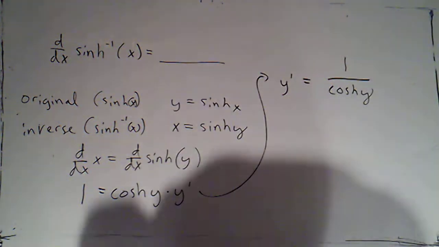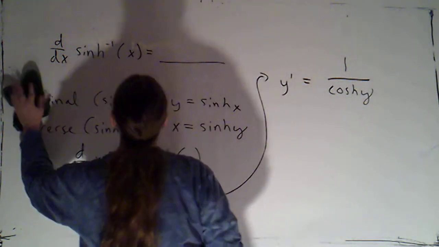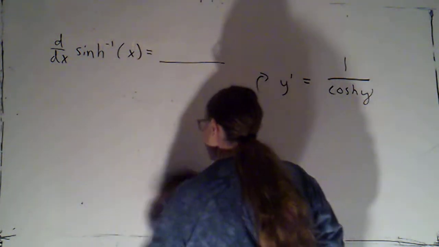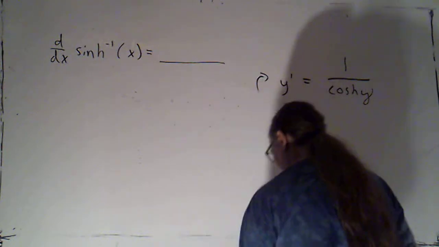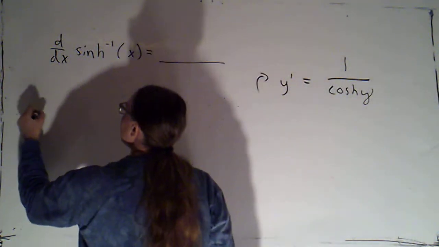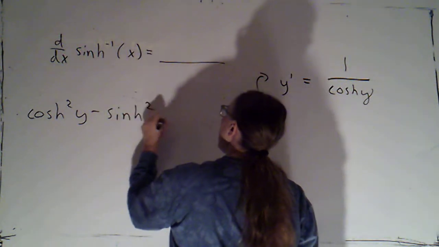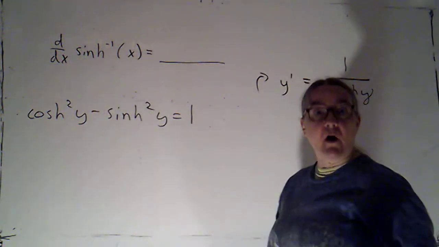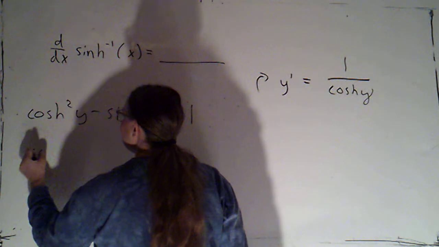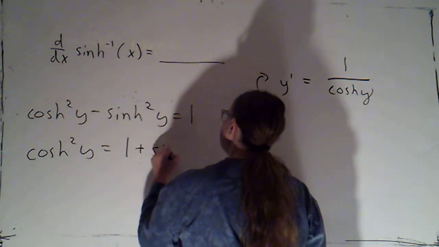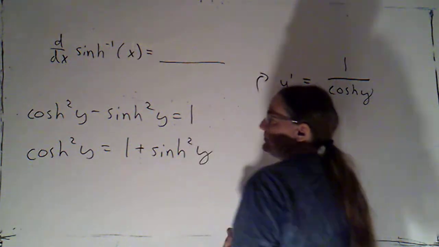Well, lucky us, we've got a hyperbolic trig identity that gives us a relationship between cosh and sinh. I know that cosh squared y minus sinh squared y is equal to 1, which means that cosh squared y is 1 plus sinh squared y.